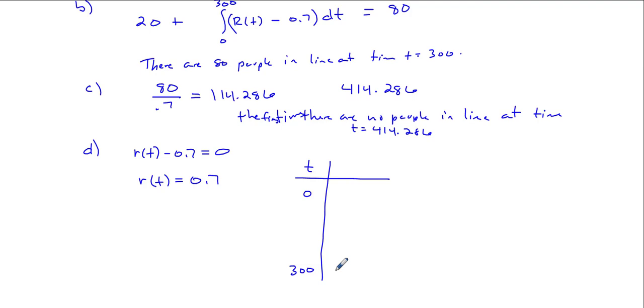Almost done. What do we got? Is 33 one of them? 33 point what? 013.